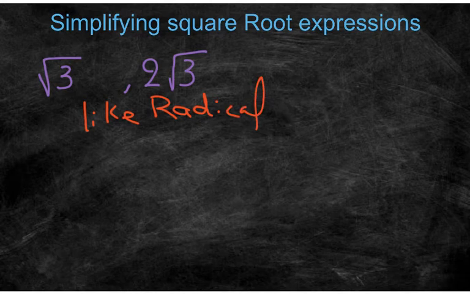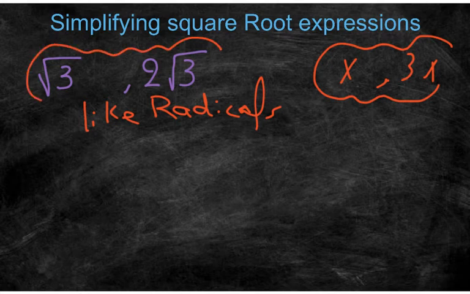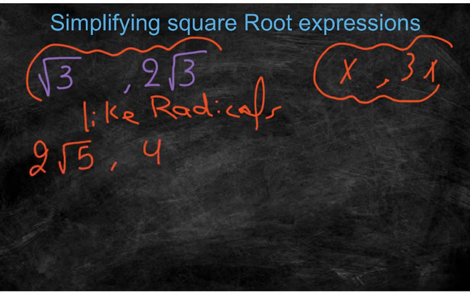It's like terms. When we have x and 3x, like terms. These are like radicals. 2 square root 5 and 4 square root 5 are like radicals.